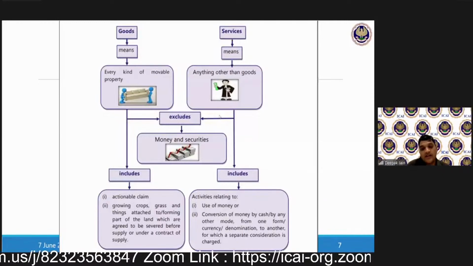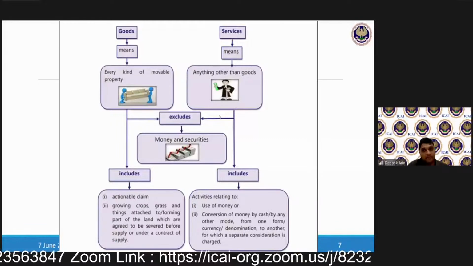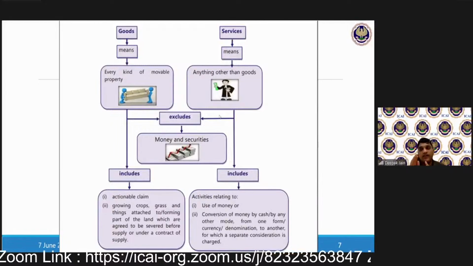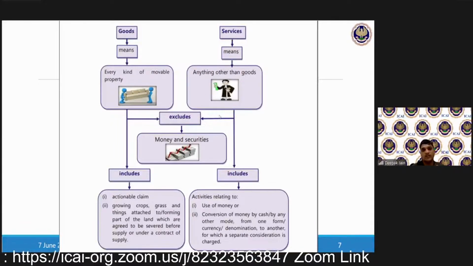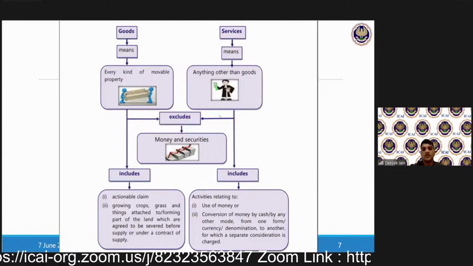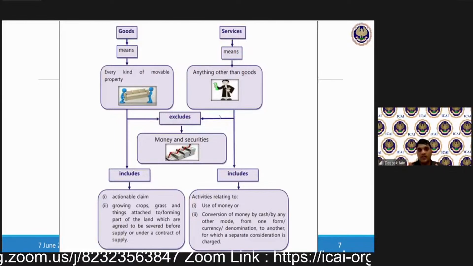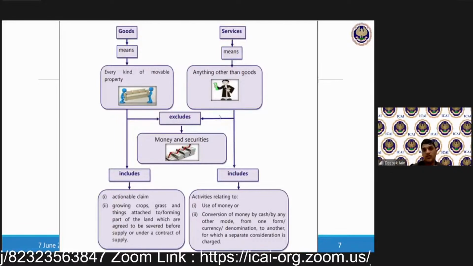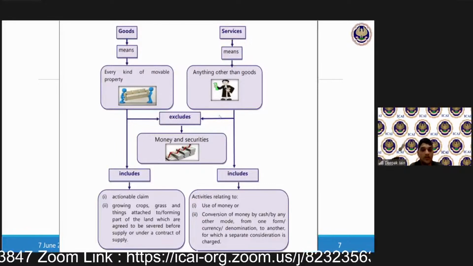Meaning of actionable claim. Very good. Actionable claim. The words define it. You have a claim against something for which you can take action. That is an actionable claim. Various examples of actionable claim will be there. One example is sundry debtors. You have sold something on credit.